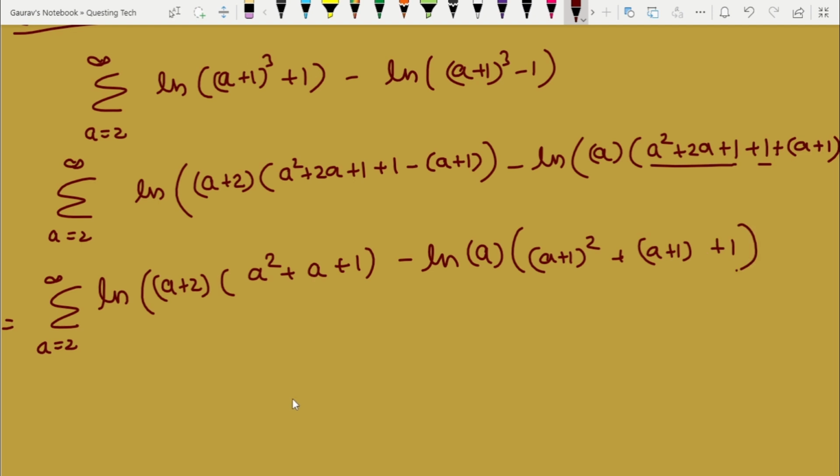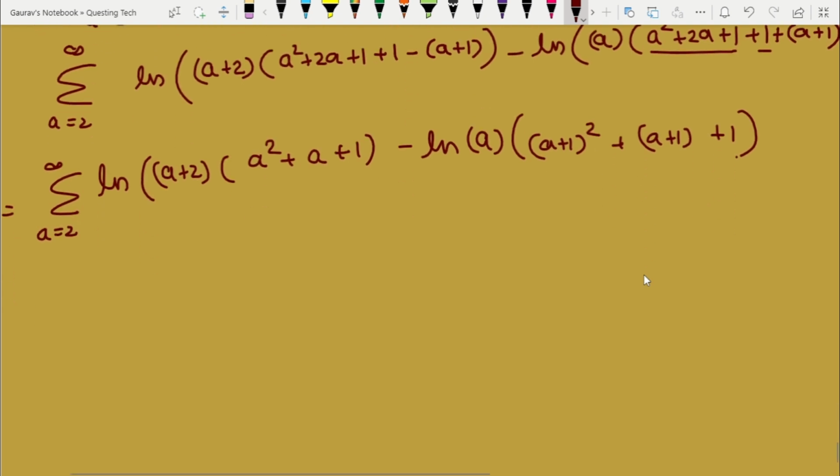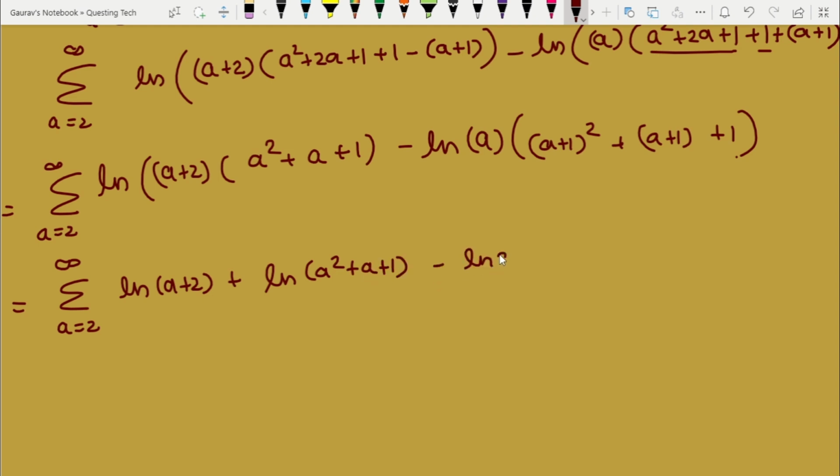Here we can see this is a square plus a plus 1, and this is just the next term of it. So we are getting somewhere. We are just going to separate out these things.